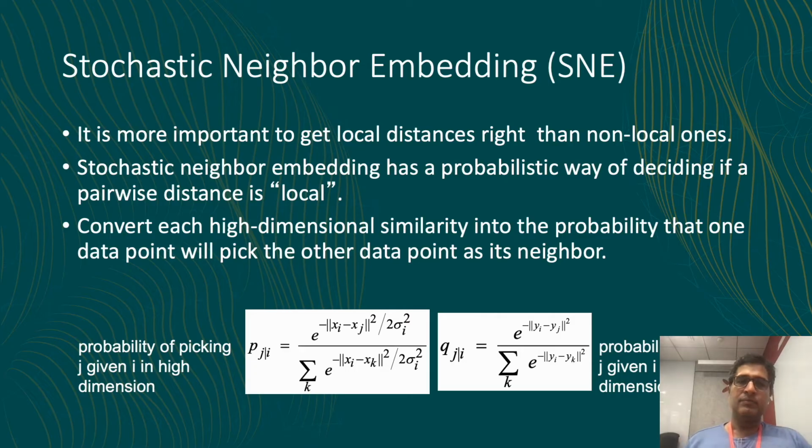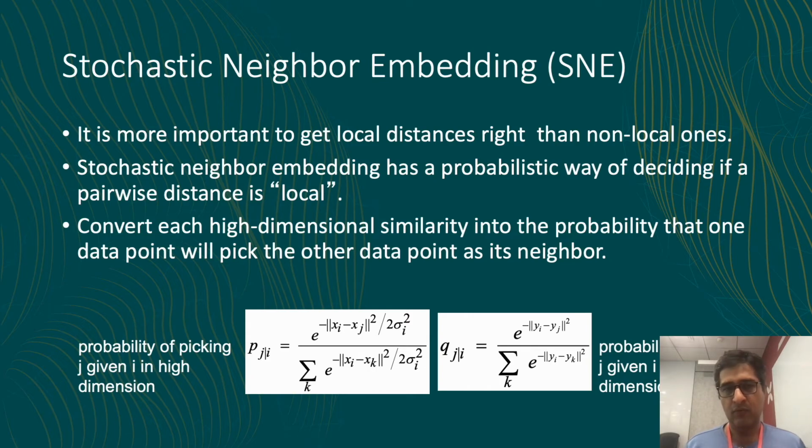A similar term in the lower dimensional space can be computed similarly in here. Just that the lower dimensional space is normalized, so that's why the sigma terms disappear.